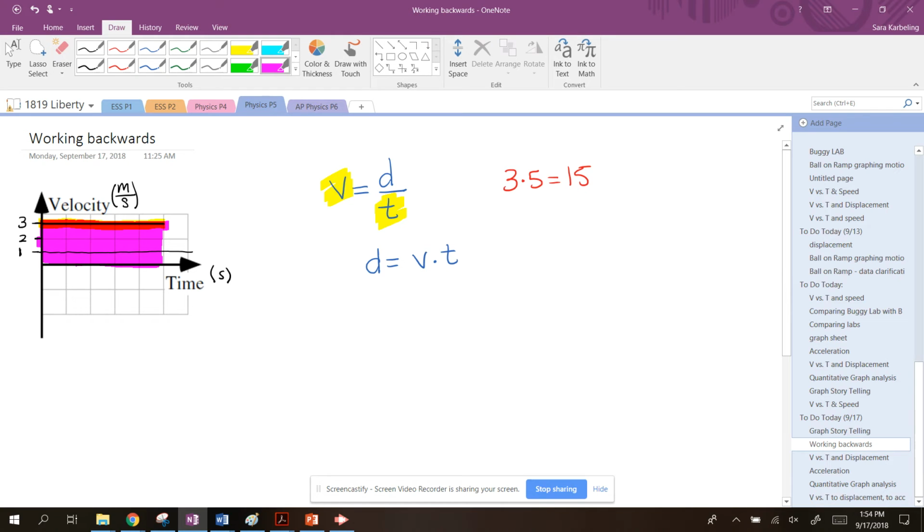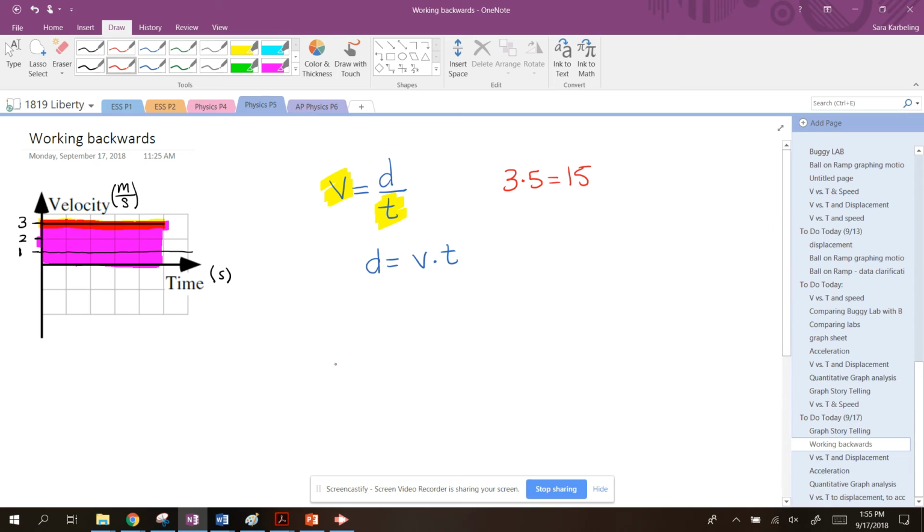And I can find that 15 by taking 3 times 5. We're dusting off that old geometry skill of finding the area of the rectangle, okay?